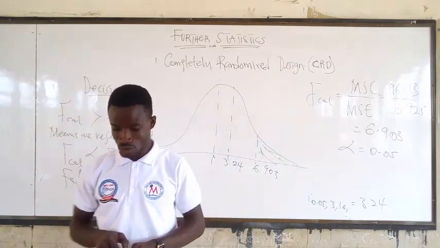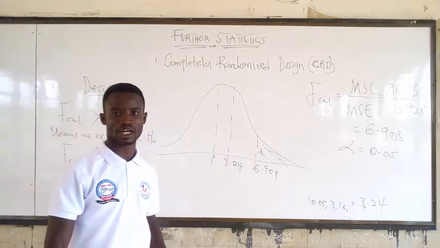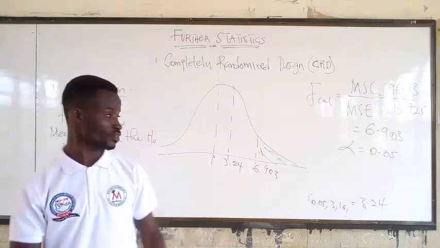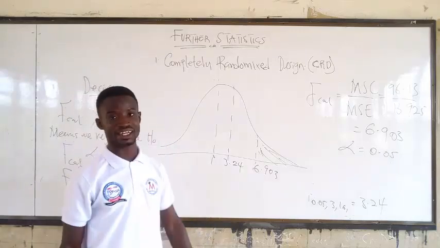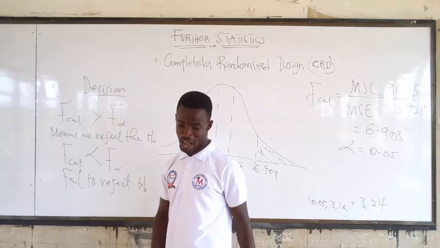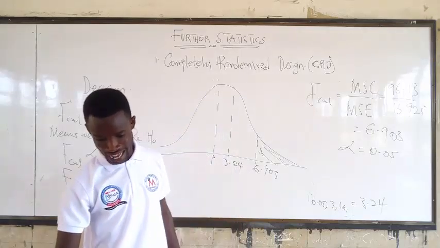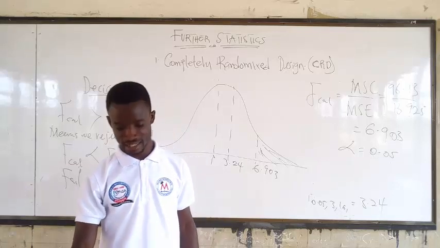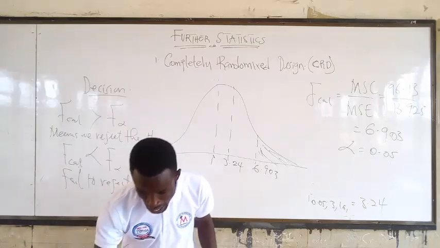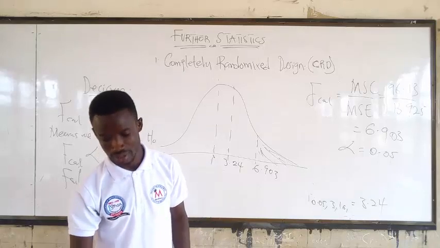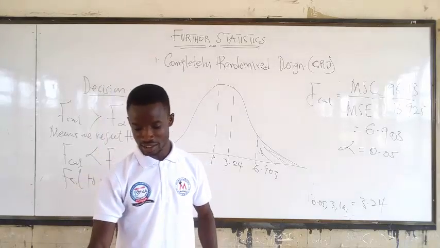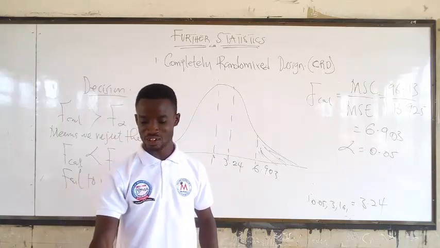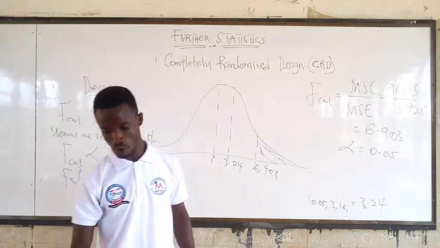Alright, so what is going to be your conclusion? Since the F calculated is greater than the F alpha, we conclude that at least the means are not equal.